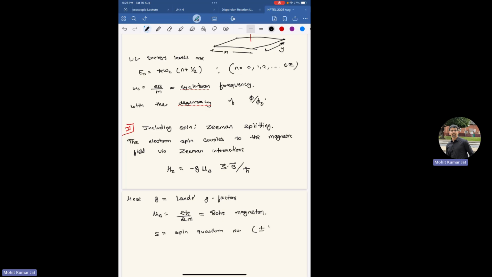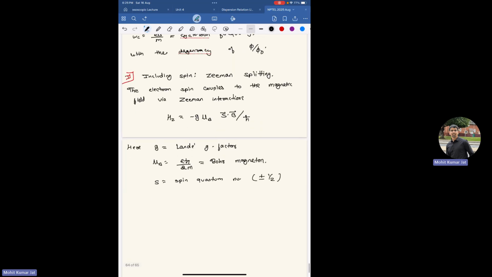It can be plus or minus half, whether it is in the direction of the applied field or in the opposite direction, anti-aligned or aligned. And if you substitute these, your equation H_Z will turn out to be minus plus or minus half, basically, for S equal to plus or minus half, g mu B times B.